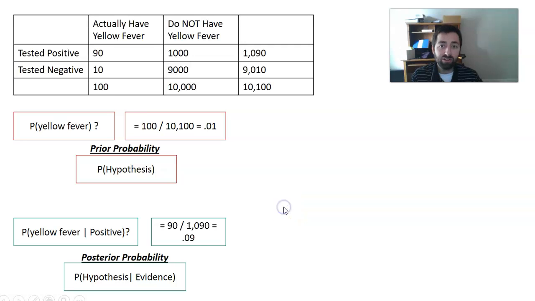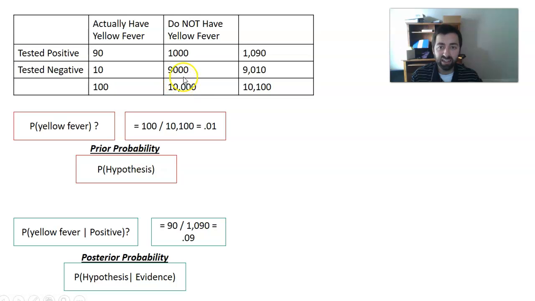Now there's also another really important point here. Again, this is our original table, and what we saw was that this is a really good test. It gives a false negative only 10% of the time. 10 out of 100 will give a false negative, and only 10% of the time, or 1,000 out of 10,000 times, will it give a false positive.